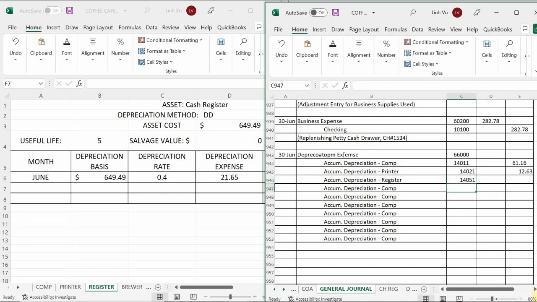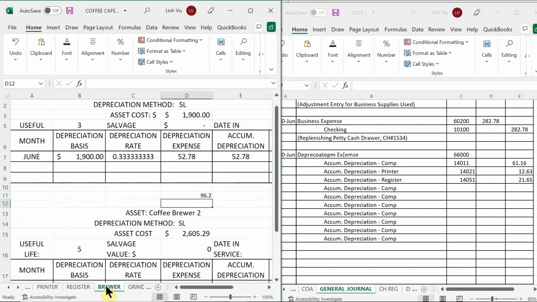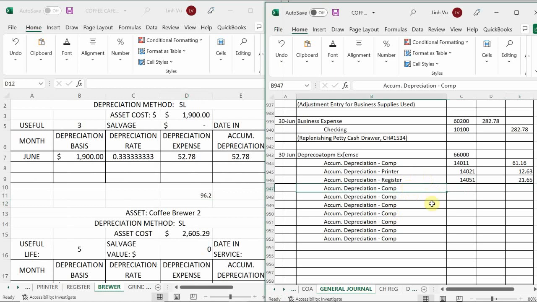It was 14051 for the grand total of $21.65. Let's see what is next. Next we have our coffee brewers, so we're going to change this for the accumulated depreciation brewers.